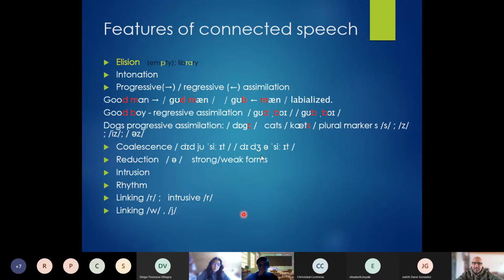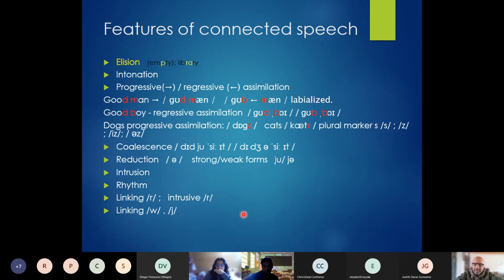If you remember, we talked about strong and weak forms at some point. You, strong form, and "yeh", the weak form. That happens with a lot of prepositions, like "to" and "tuh". I'm going to the party.